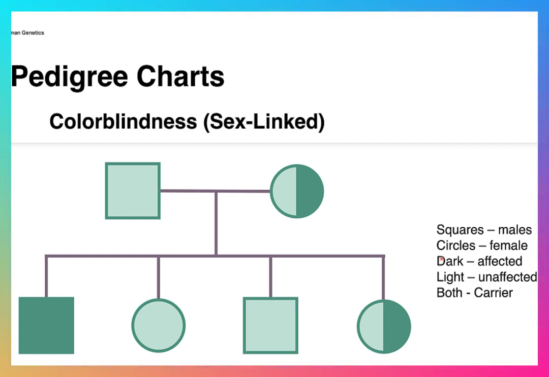The nomenclature is written on the side here, which is a square represents the male, a circle represents the female, a light-colored square represents an unaffected male, a bivalve or two-tone circle represents a carrier female, and you can see you have 1 affected male, which this could be the hemophiliac or could be the colorblind. This is a normal female, this is a normal male, and this is a carrier female. And this is known as a pedigree, looking at the phenotypes.